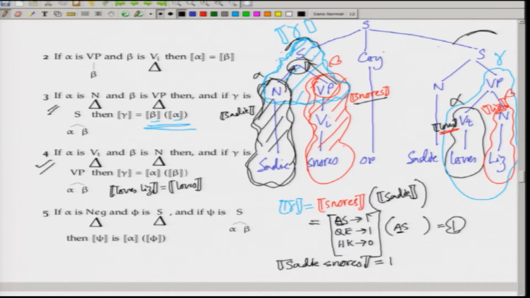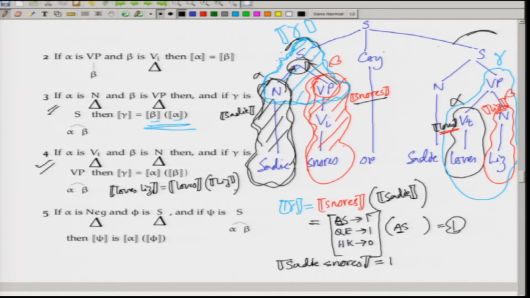So, the denotation of alpha takes the denotation of beta, which is Liz in our case, as an argument, and what will be the result? Instead of doing it on this page, we can calculate it here, that will be easier.